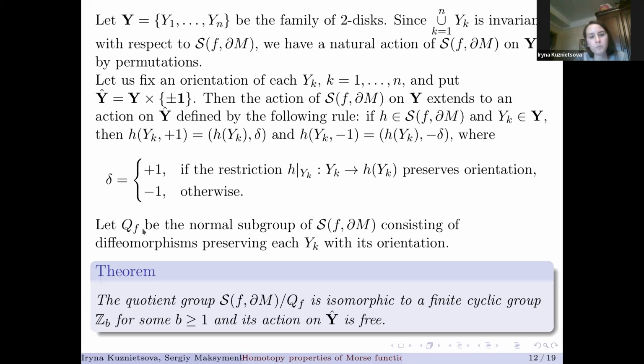Then we can consider Q_f, the normal subgroup of the stabilizer consisting of diffeomorphisms preserving each disk with its orientation. The result that we obtained is that the quotient group of the stabilizer by Q_f is isomorphic to a finite cyclic group Z_b for some b, and its action on Y hat is free.